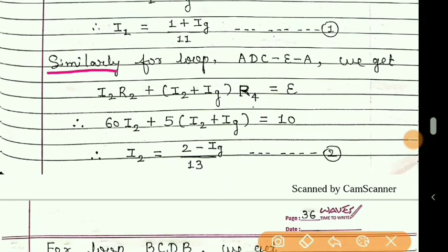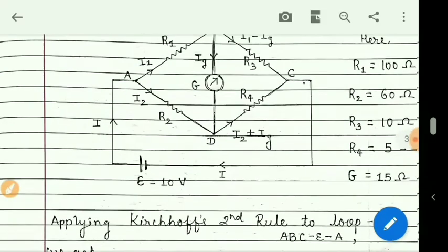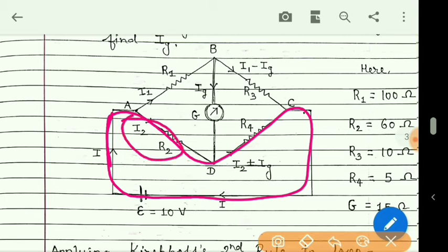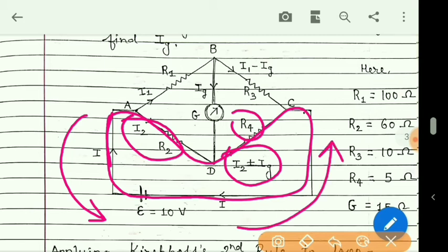Similarly, applying Kirchhoff's second law to ADCEA, that is this loop ADCE and once again A. For this loop, again if we apply the Kirchhoff law, then we will get I2 into R2 positive, R4 into this term, that is I2 plus Ig, positive, because we are once again moving in the anti-clockwise direction, so all the terms will be positive.